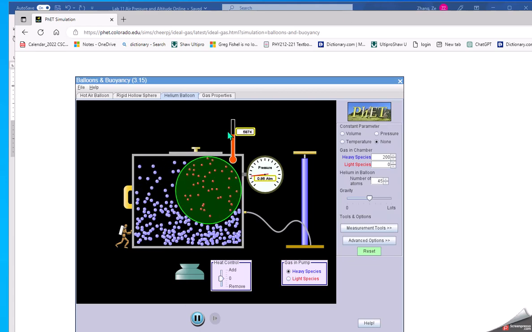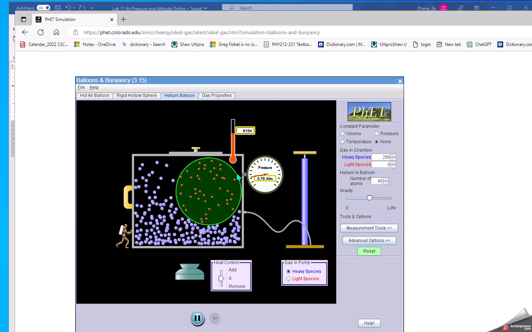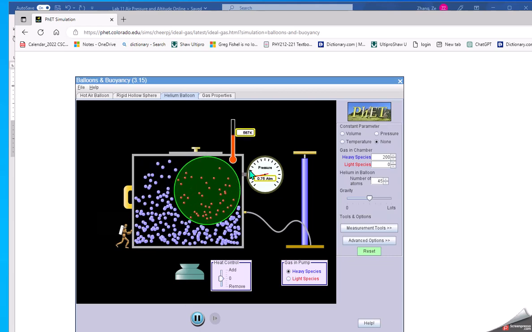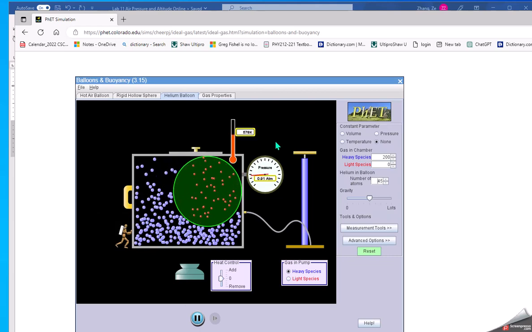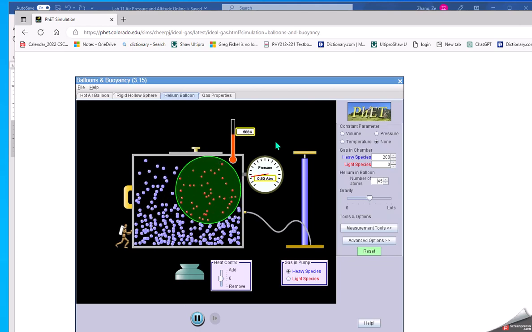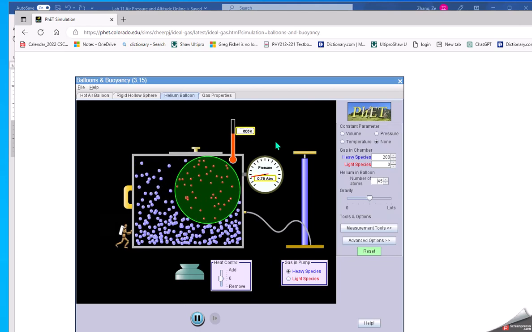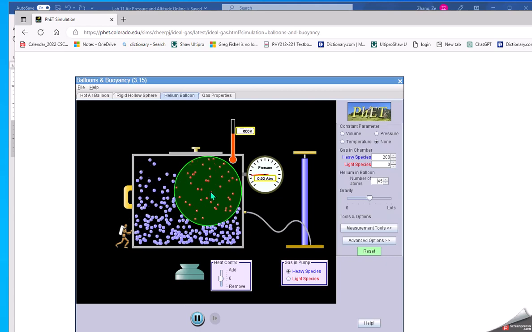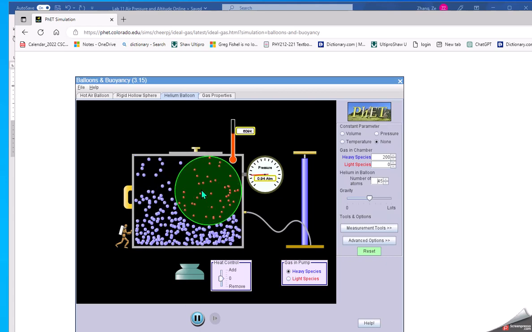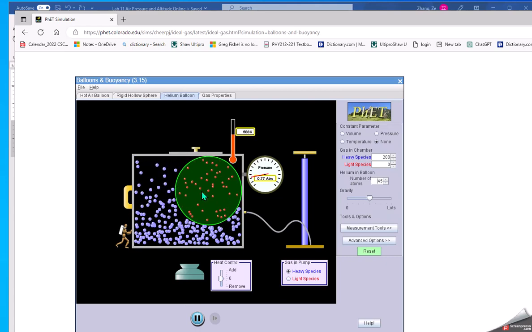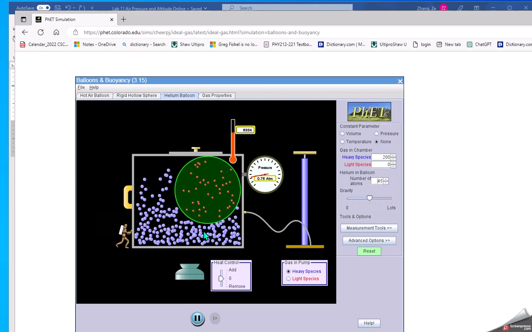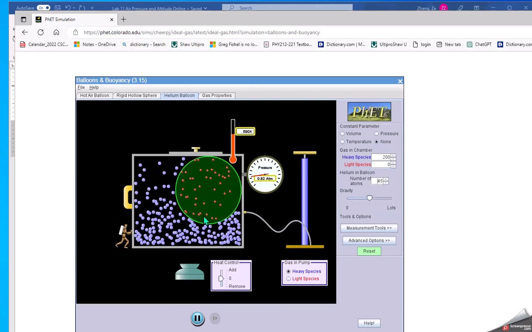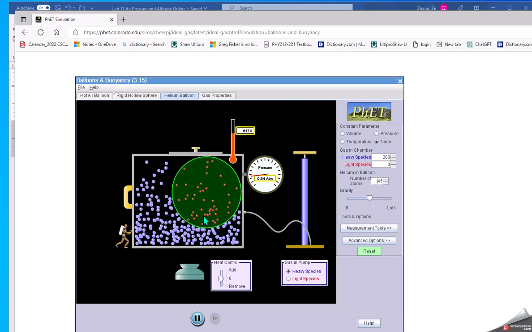And if you slowly reduce the temperature, on average, all will be slower, and then the weight of this object will overwhelm these bottom hitters. So then the balloon perhaps will sink.